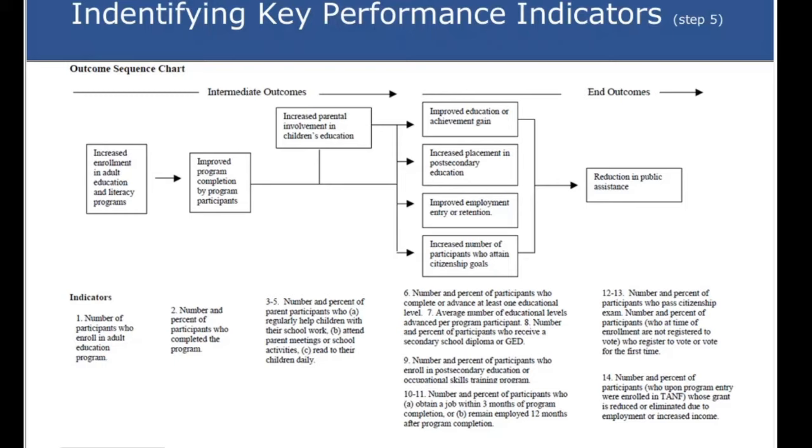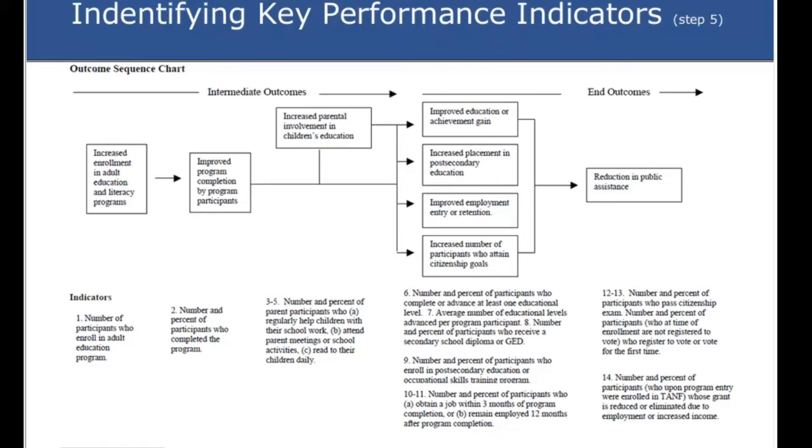This is an outcome sequence chart for an adult education and family literacy program. So here the goal is to enable adults to acquire the basic skills necessary to function in today's society so that they can benefit from the completion of a secondary school, enhanced family life, attaining citizenship, and participating in job training and retention programs.